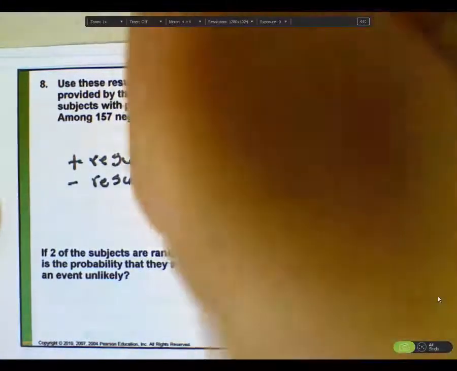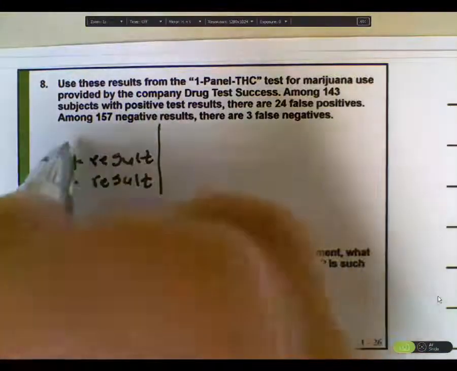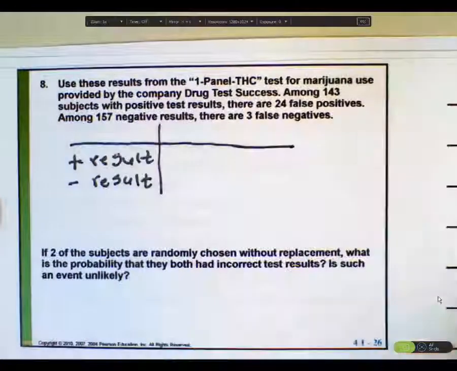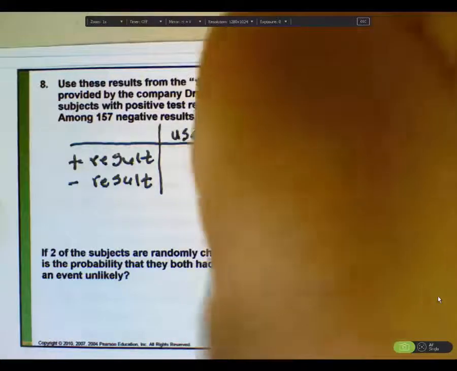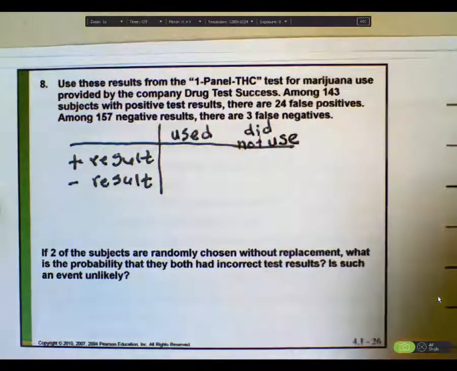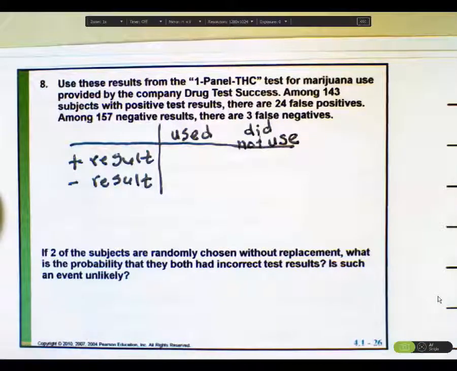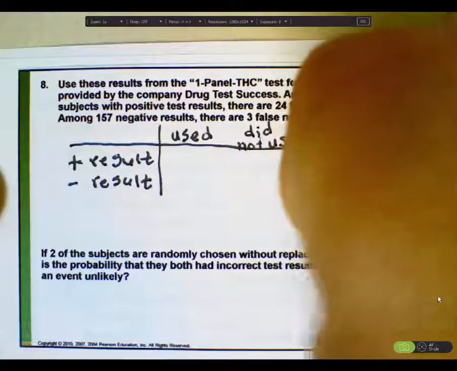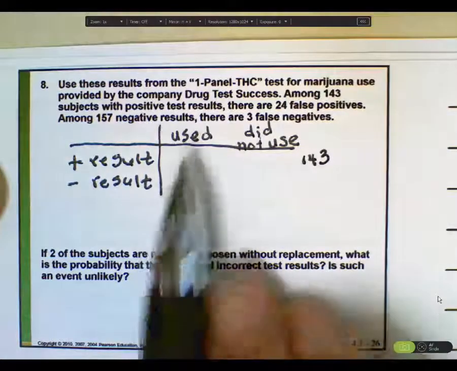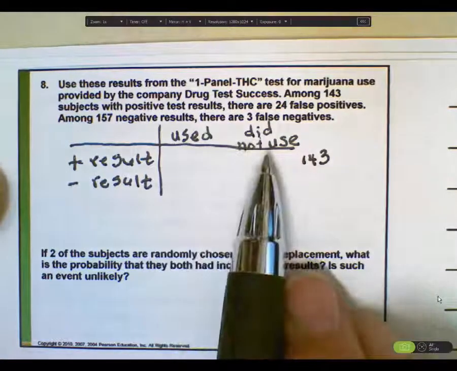And then I could make my columns be whether the person actually was using or not using. I know that a total of 143 people tested positive. That should be the total positives of those who used and did not use.